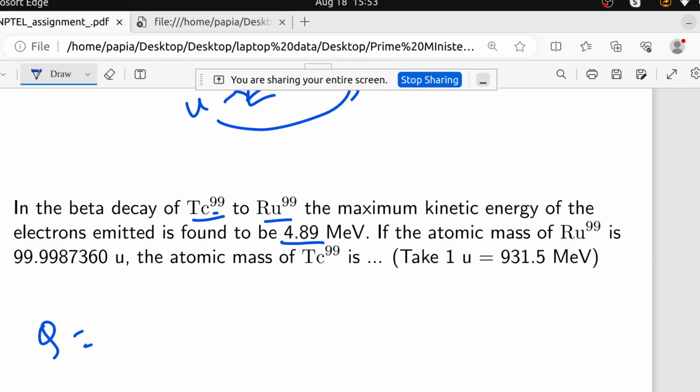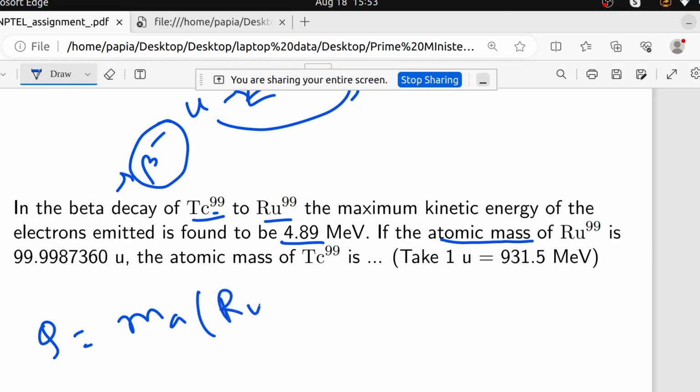So what will be the Q value? It is also given as atomic mass, so obviously we have to write the atomic mass expression, and it is a beta minus decay. In beta minus decay, the expression in atomic mass will be Ma of Tc minus Ma of Ru.